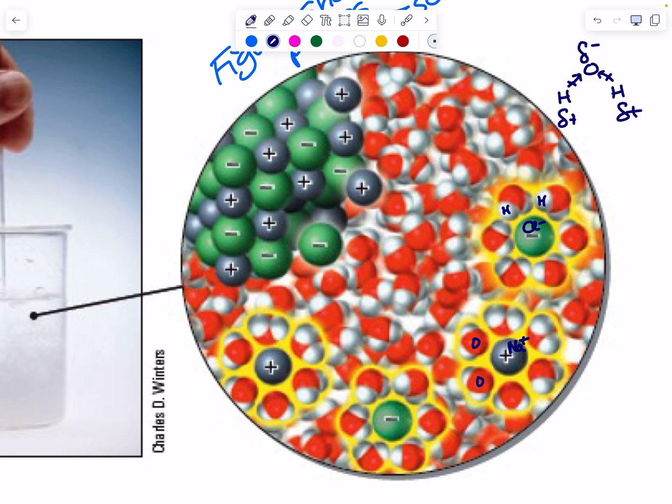The water molecule acts like it has positive and negative charges, even though it's not +1, -1, it's significantly polar.